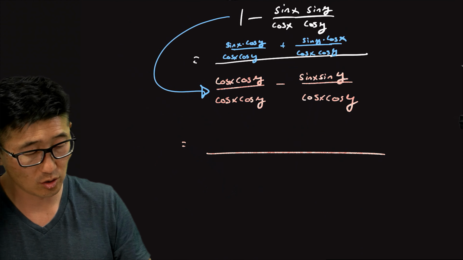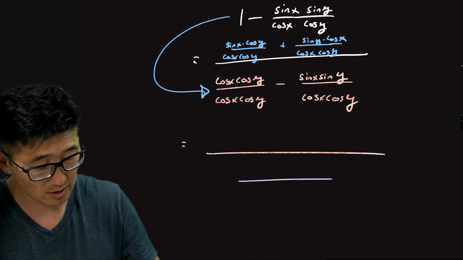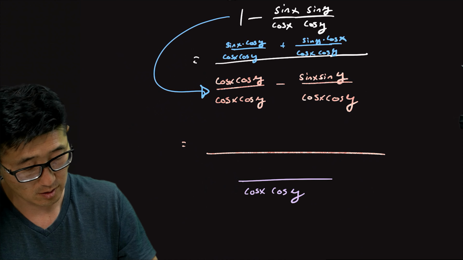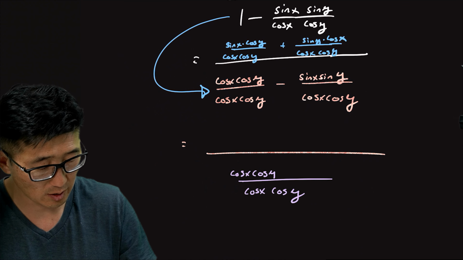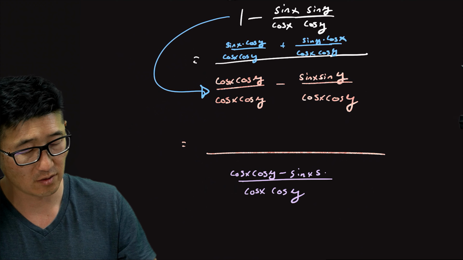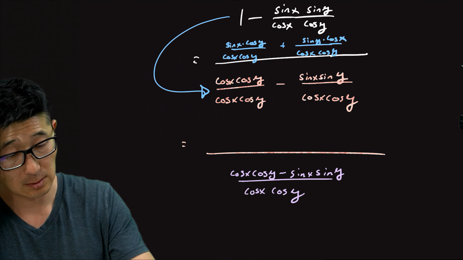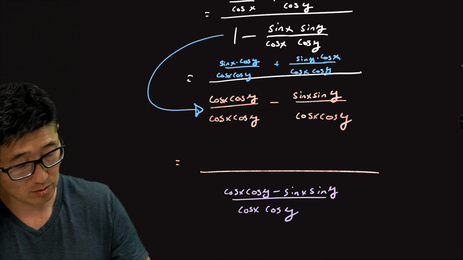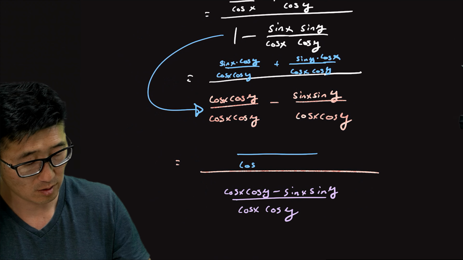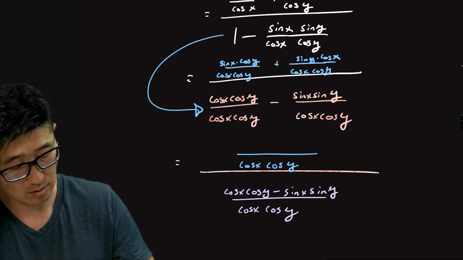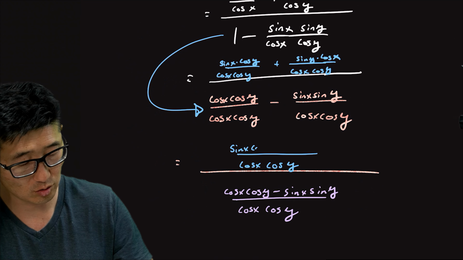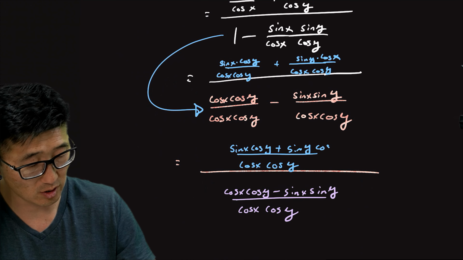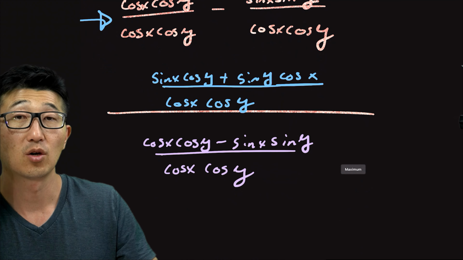So the denominator is going to be like this: cosine of x, cosine of y minus sine of x, sine of y, over cosine of x, cosine of y. The numerator will be this: sine x cosine y plus sine y cosine x.